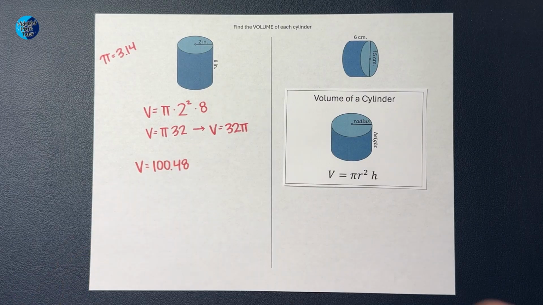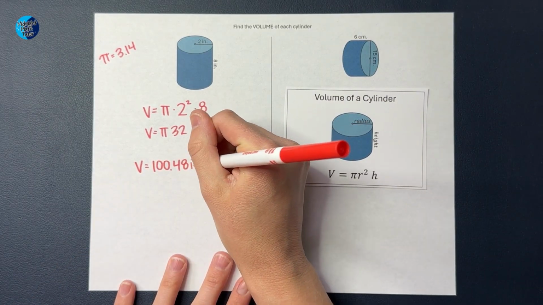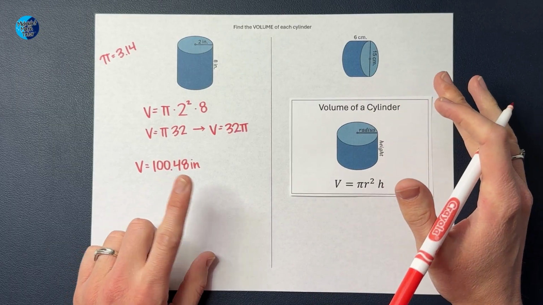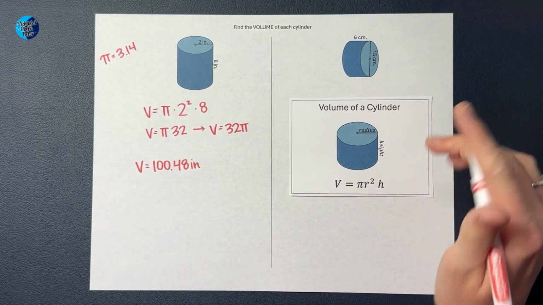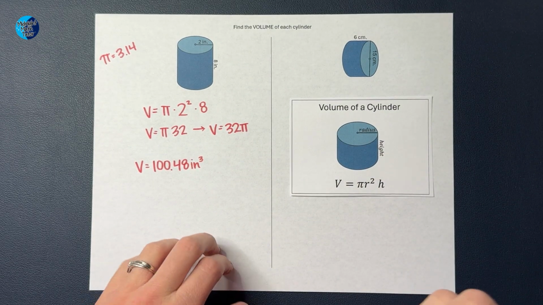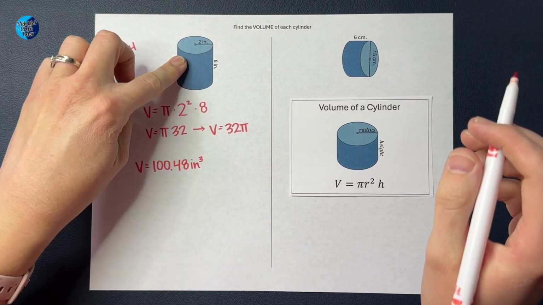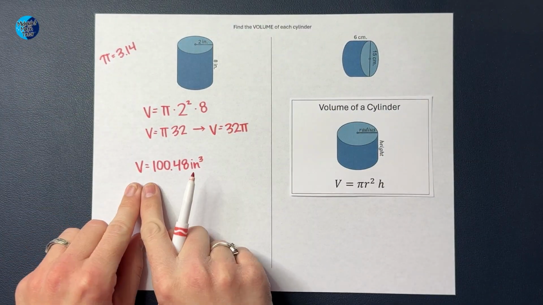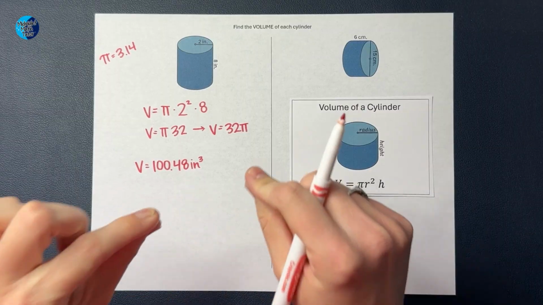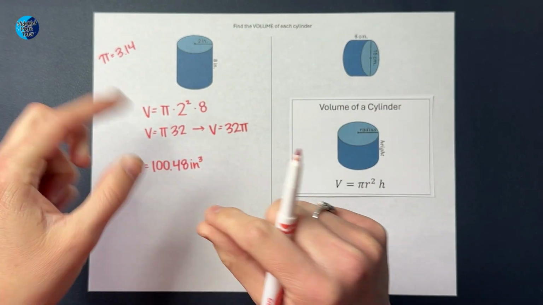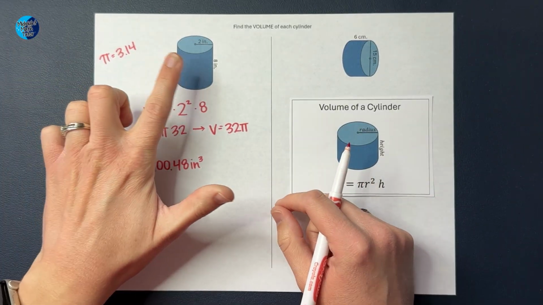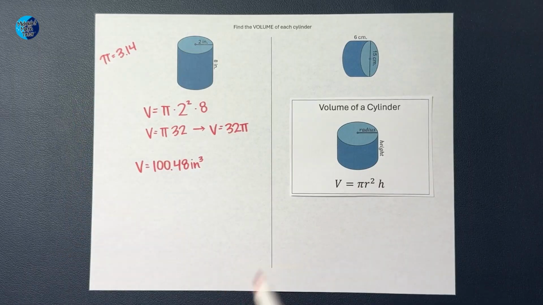Our units here are inches, but the volume of this cylinder is not 100.48 inches. It is 100.48 inches cubed. Now, if you're like, what the heck does that even mean? I want you to pretend we have this cylinder here. What the volume is telling me is how many little cubes that are 1 inch by 1 inch by 1 inch would fit inside of this cylinder.